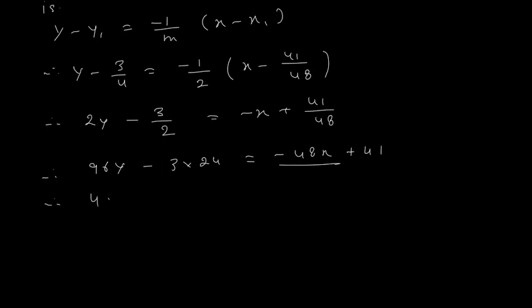So 48x plus 96y minus, 3 fours are 12, 3 twos are 6, 6 plus 1, 7, so minus 72, and this 41 I will bring on the left hand side, minus 41 equal to 0. So therefore 48x plus 96y minus 113 is equal to 0.